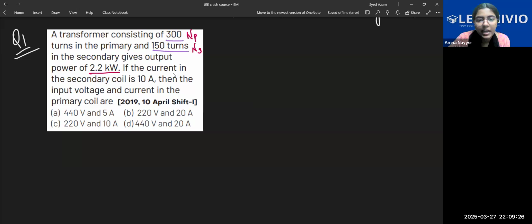Second, if current in the secondary IS is given, what are the input voltage and current in the primary coil? See, current is given as 10 amperes. Power is also given in the secondary, that is 2.2 kilowatt. So first we have to convert it.